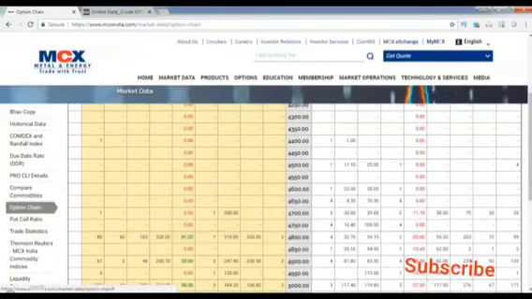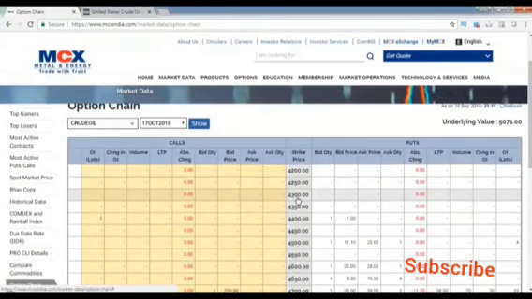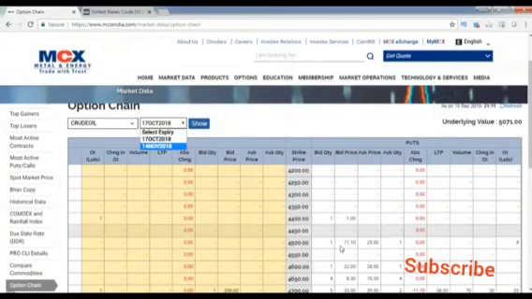How will you find it out? At the starting of the training today, did I tell you that when you are trading the October contract, then this price is actually of October? Whatever is the price, it is treated to be the price of October, no matter you are trading it in September. Did I tell you this?